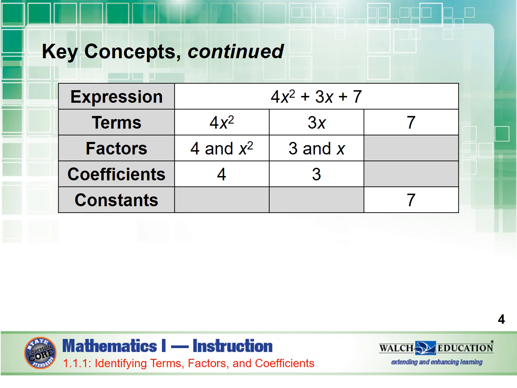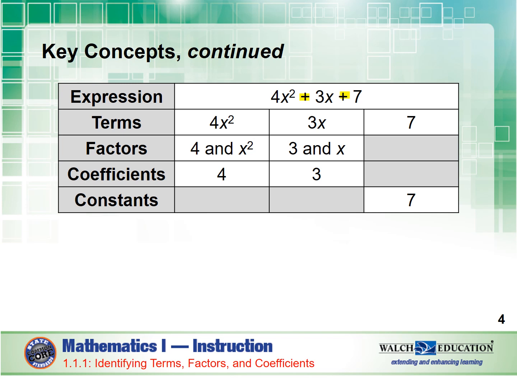Okay, so here's a little bit of a review. We've got an expression. It's the same expression we've been working with: 4x squared plus 3x plus 7. And the terms, remember, are separated by the plus or minus sign. So we've got 4x squared as a term, 3x is a term, and 7 is a term.